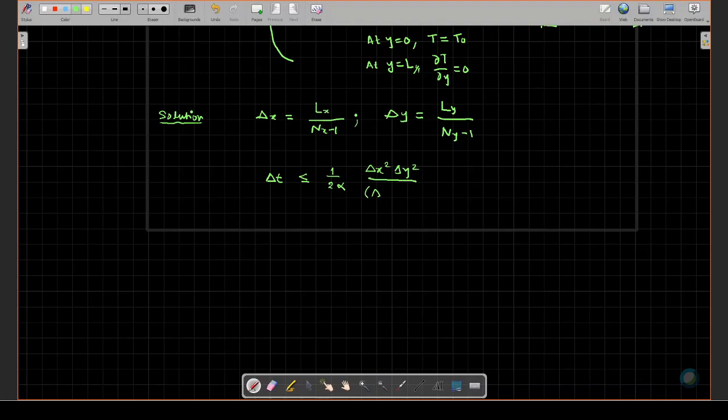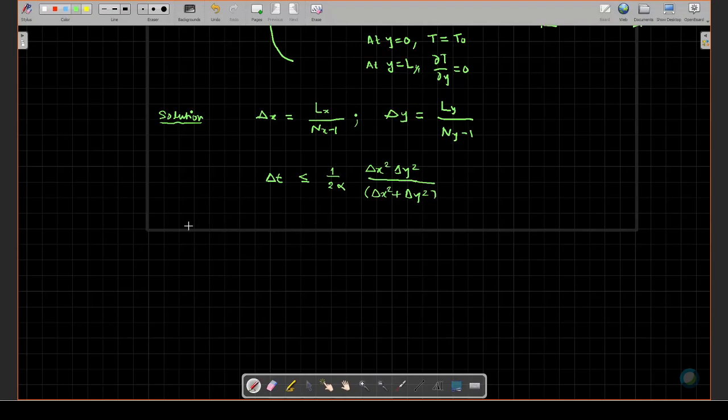Substitute delta x and delta y and get the value of delta t. So these values, delta t and delta x, you can get.